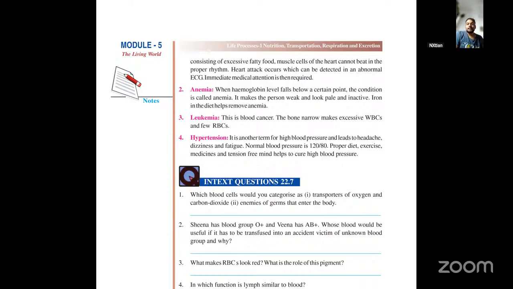For example, hemoglobin is like the Zomato delivery guy. Like when we order on Zomato, the Zomato guy carries the food from the restaurant to our house. If the Zomato guy is not there, no food will be supplied.